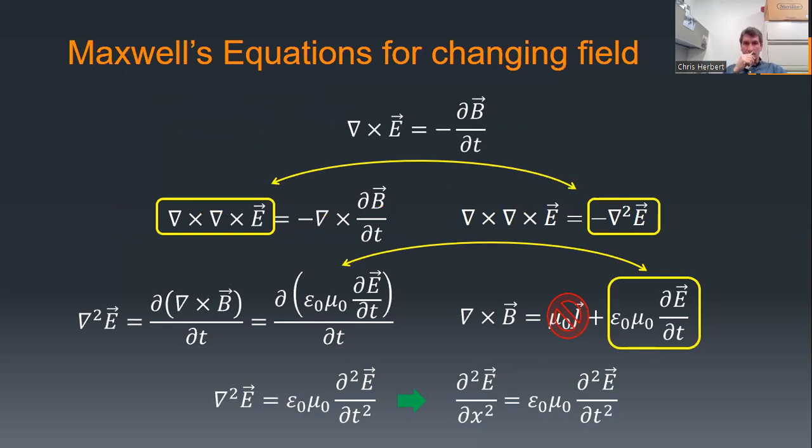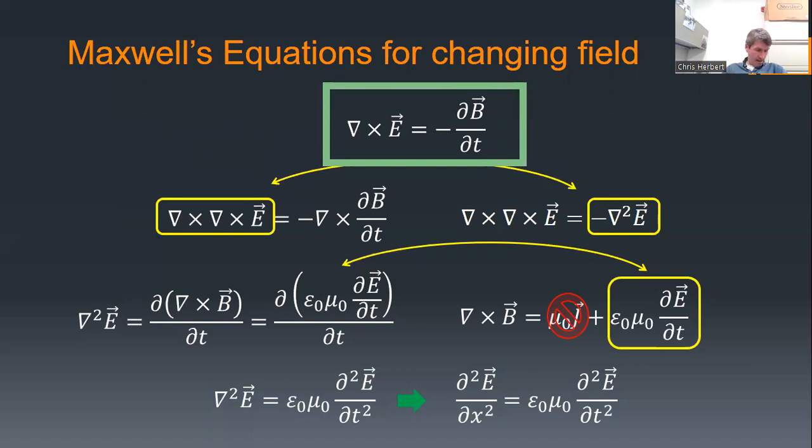Now, let us remind you of different Maxwell's equations, which are shown here, because this page looks like a mess. But hopefully I can clear it up just a little bit. So here's one of the Maxwell equations up here, okay? This is what we call the curl of E, okay? It basically says that if I have an oscillating magnetic field, all right, an electric field is going to wrap around this, okay?